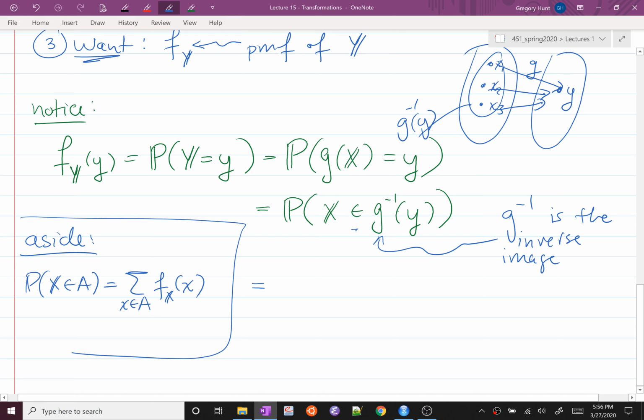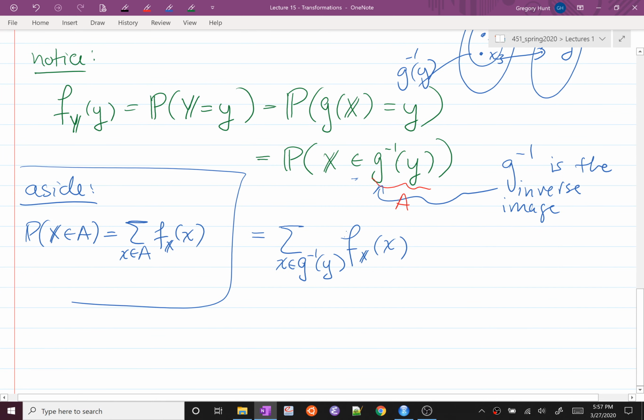And this g inverse of y is just some set, we call it A. So what we get here is I can sum over all little x in the set g inverse of y my PMF, f sub x of little x, right?